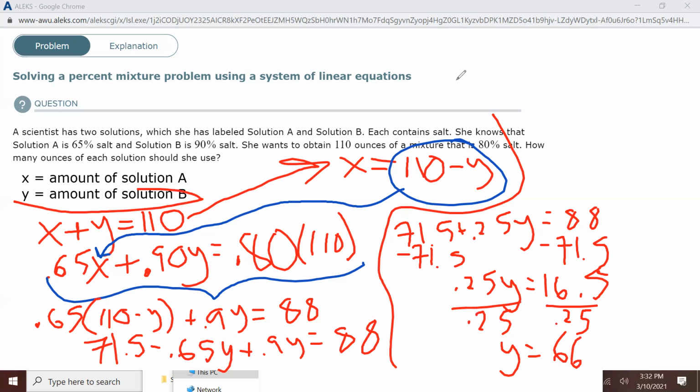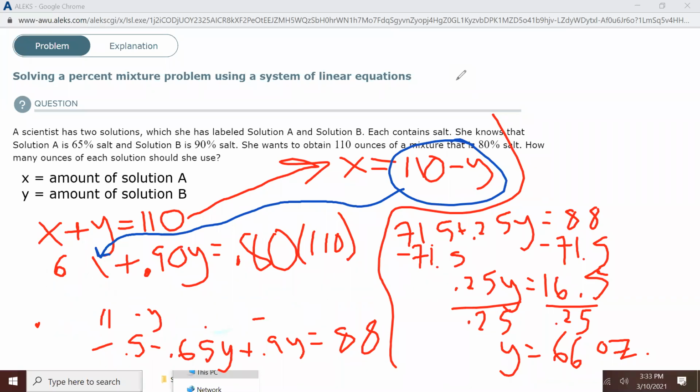So the amount of solution B is going to be 66 ounces. So how much solution A will there be?